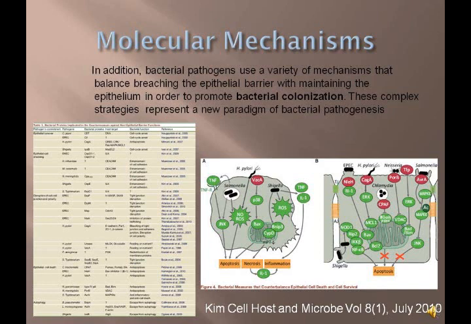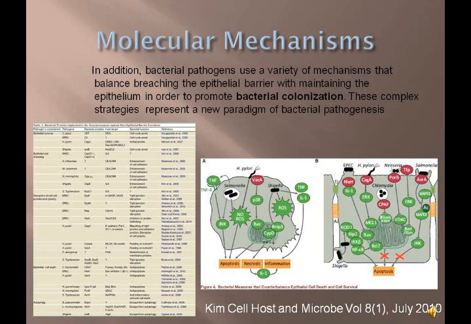So it balances breaching the epithelial barrier with maintaining the epithelial barrier in order to promote bacterial colonization. So you've got the breaching planktonic behavior, and then you've got the maintaining or bacterial colonization or biofilm behavior. Two different strategies that bacterial pathogens use.